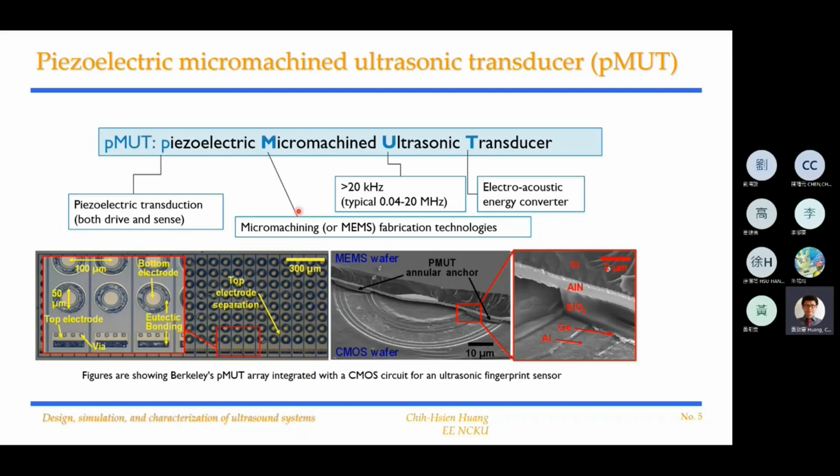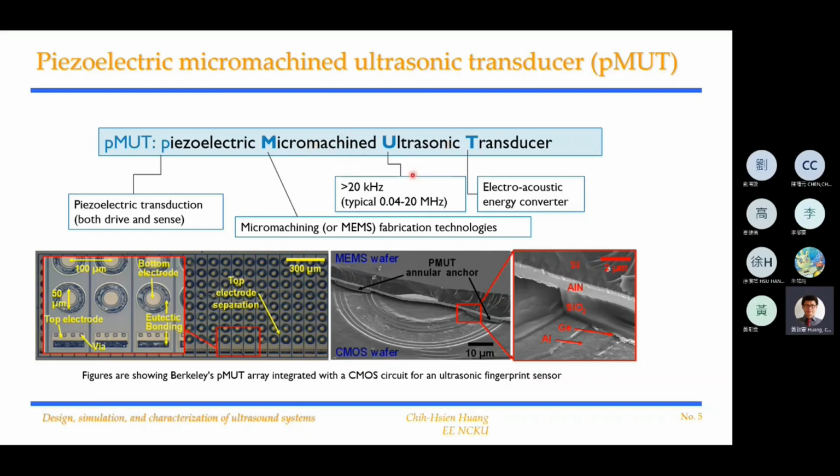We have equipment and technology for micromachining, like very deep and sharp etching, or bonding different materials together. The M here stands for micromachined because it is made by micromachining technology.